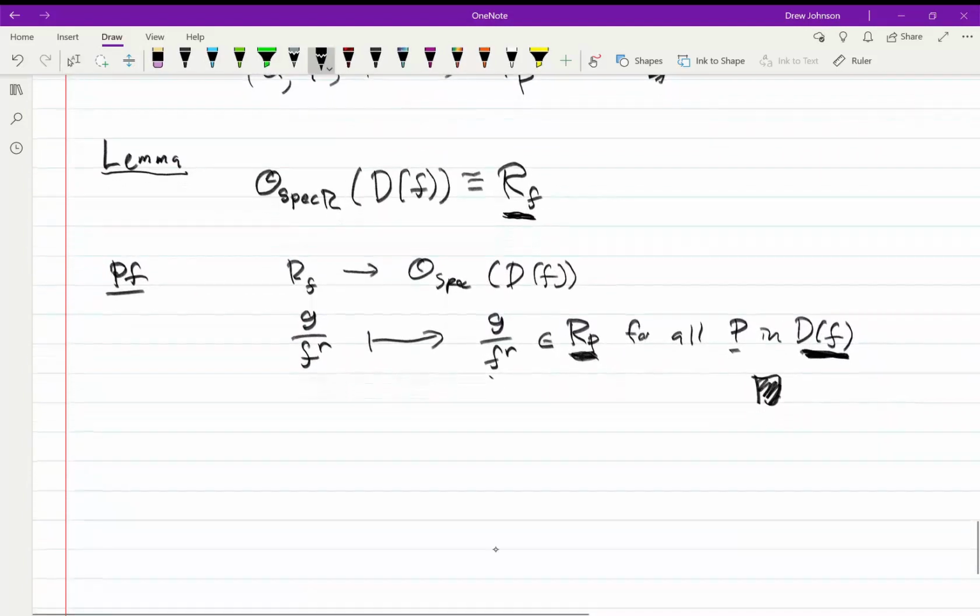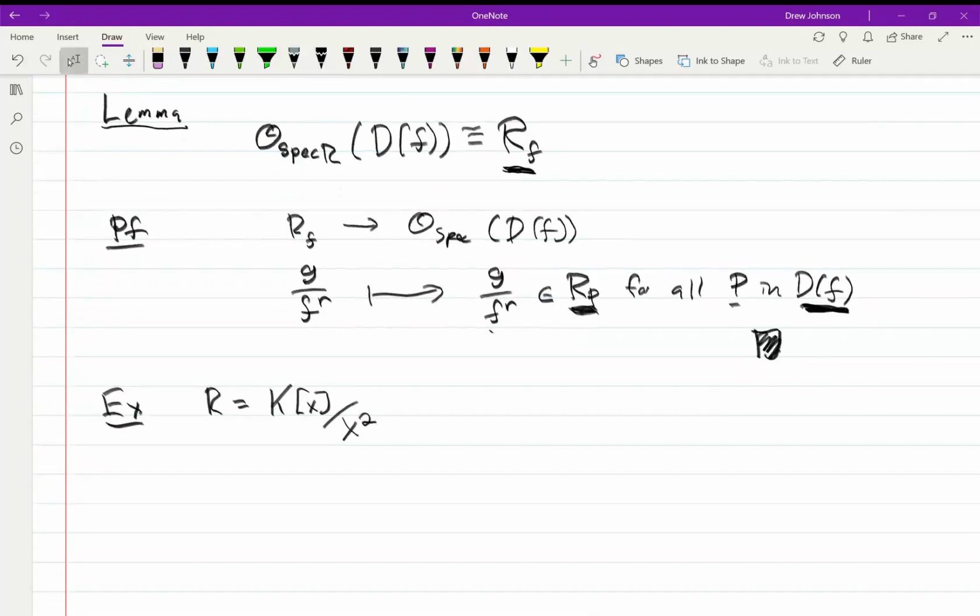All right, now I think it's time to look at a couple of examples just to get used to the sort of things that can happen with schemes. So let R be equal to k[x] mod x squared, and I think this example might be useful in some of the exercises.